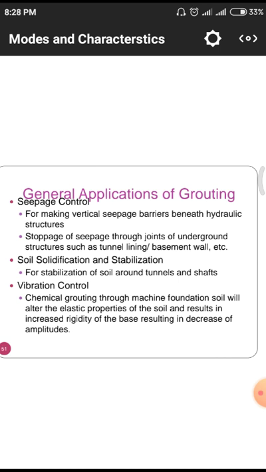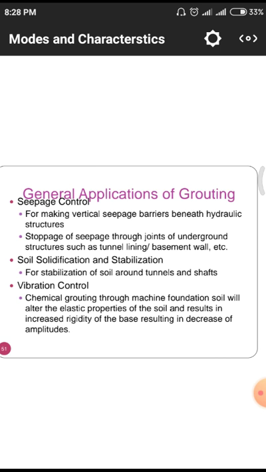In some cases we also have small ponds in the agricultural fields, and those ponds also transfer water from one field to another, because of this seepage phenomenon.